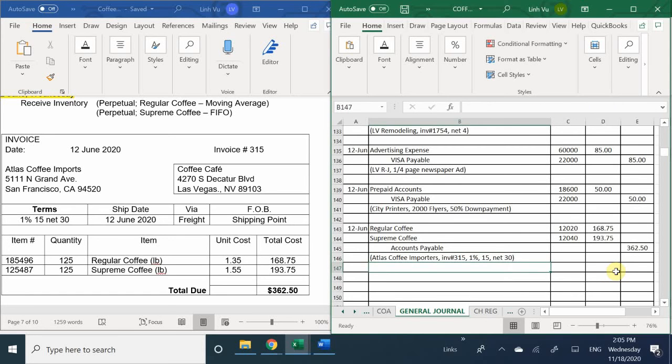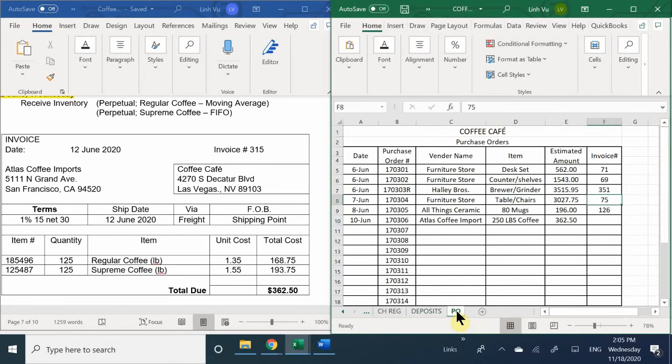All right. So good. Now, before we move on to our ledger, let's check mark this off in our purchase order slips. Okay, so purchase orders. I received my coffee, right?